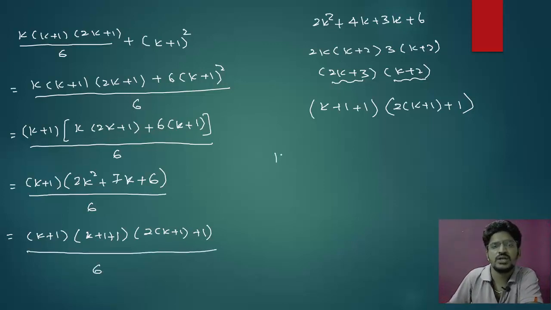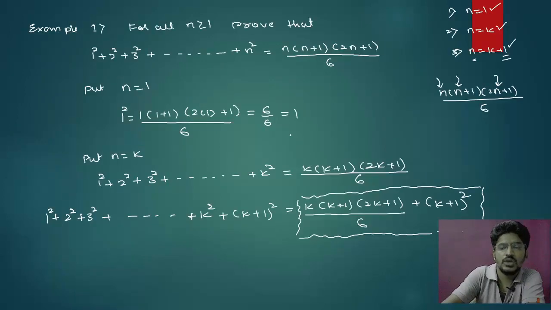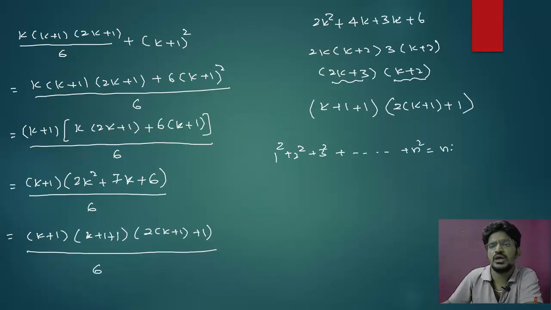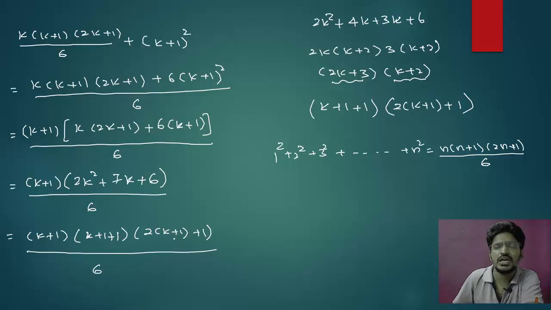So now you see your answer, that is 1 square plus 2 square plus 3 square plus so on to n square is equal to what? n into n plus 1 into 2n plus 1 divided by 6. In the place of n, you have k plus 1.